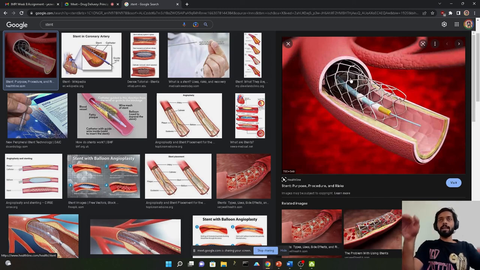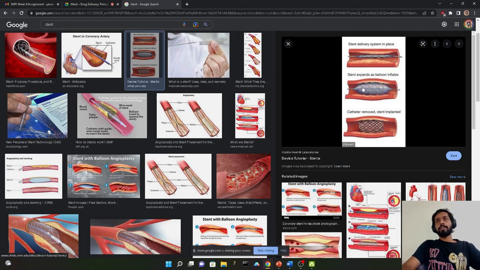But once it's in the right blood vessel, they fill the balloon with air or whatever, and the balloon inflates. As this balloon inflates, the mesh expands, and this mesh cannot contract. So it will stay in place, and that will expand the blood vessel.